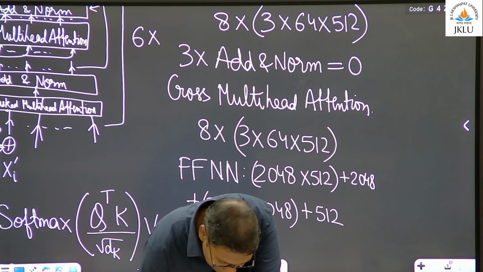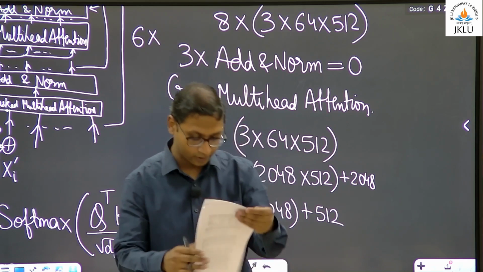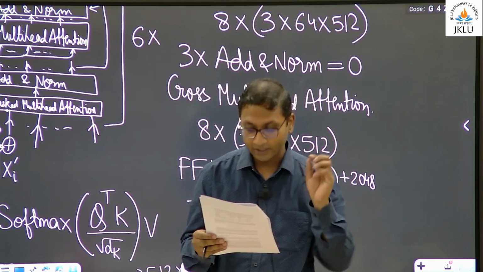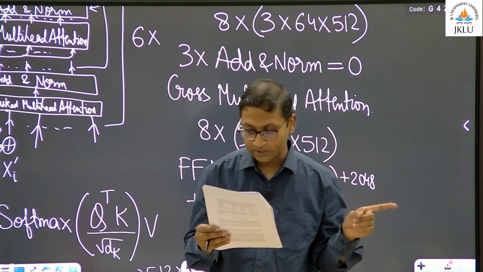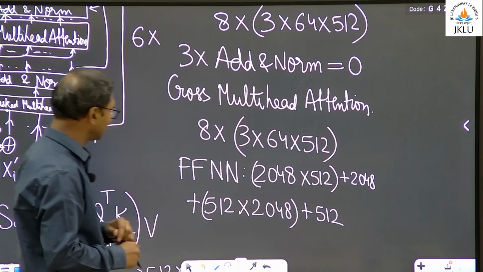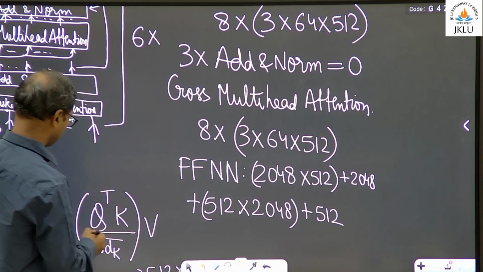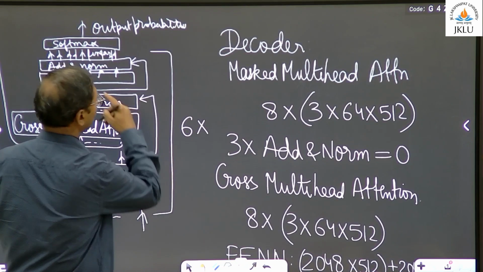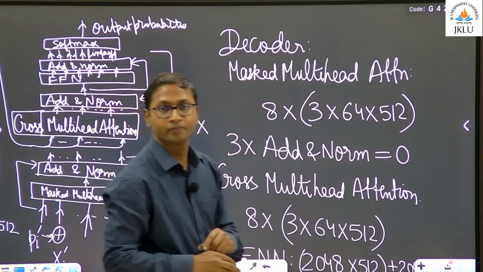So each training batch contained a set of sentence pairs containing approximately 25,000 source tokens and 25,000 target tokens. Okay. So what is my linear going to be?